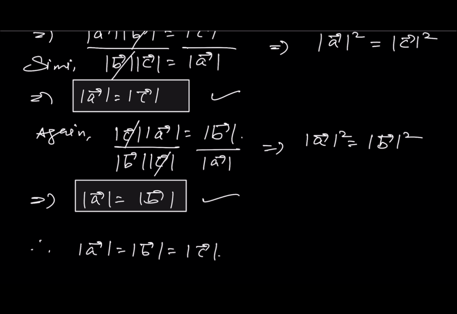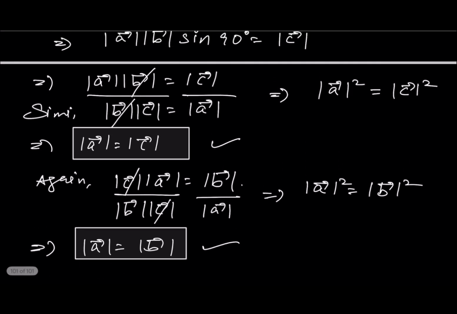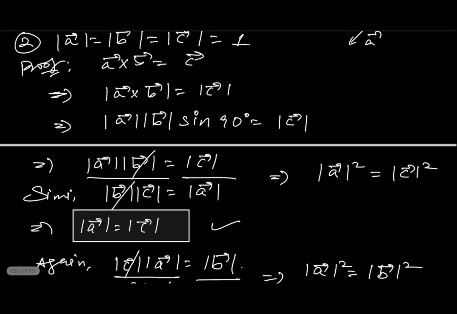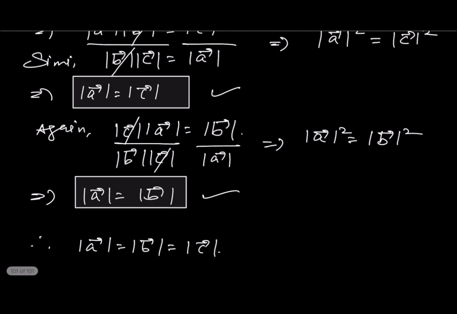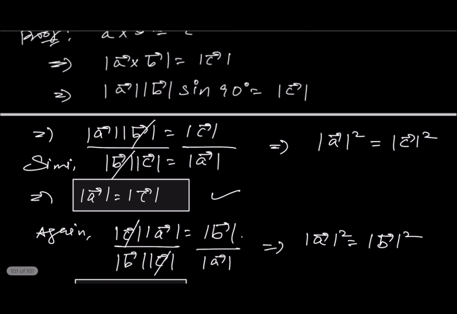One thing I need to prove is that these are all equal to 1. So if I put mod A is equal to mod C in the first, what will I get?